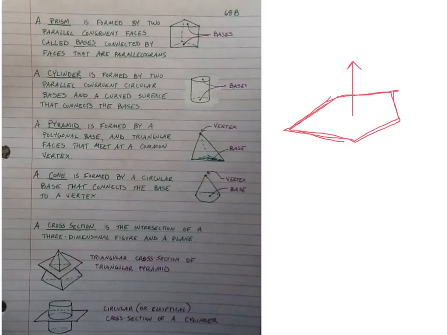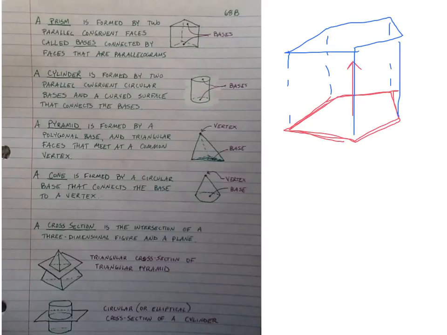So I push it up along an axis, and it goes up, and in the end we get another prism. This would be a pentagonal prism. A cylinder is basically a circular prism. I wouldn't call it a prism, but it is a circle that's been extruded. It has congruent bases, so the top circle and bottom circle are of the same size.